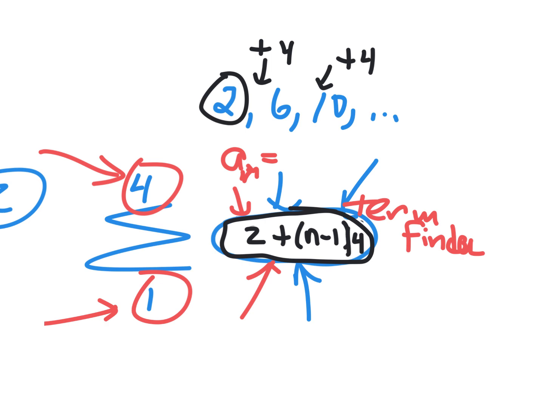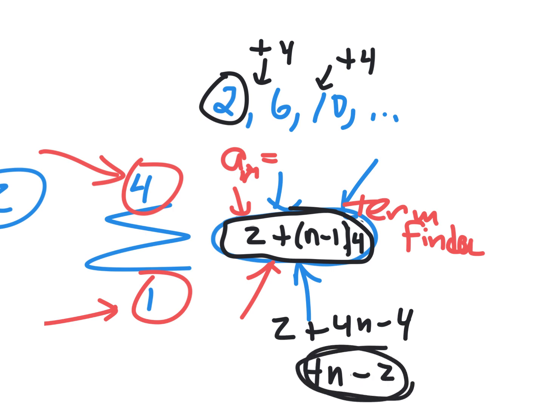And that would have been an okay answer. Or you could multiply it all the way out and say 2 plus 4n minus 4. Simplify it down even further: 4n minus 2. And I would have accepted both of the things in the black circles. Either that or that would have been an okay thing to put there that finds terms.